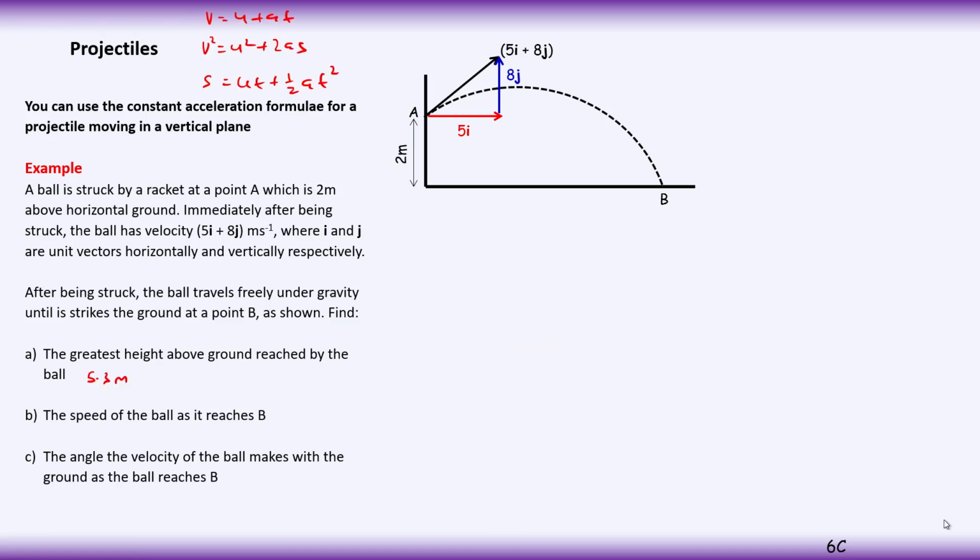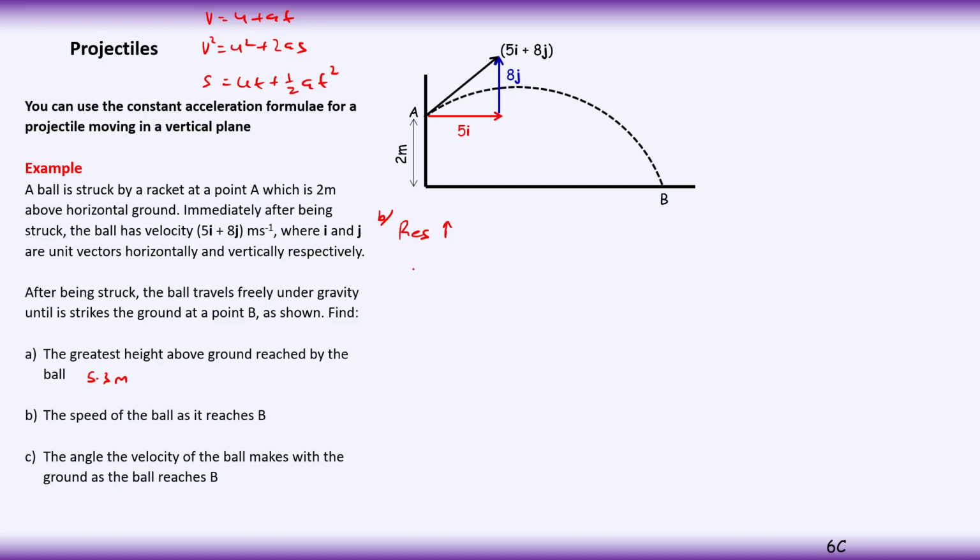Part B, we want to find the speed of the ball as it reaches B. So I'm going to resolve vertically. I want to find the speed when it hits there.